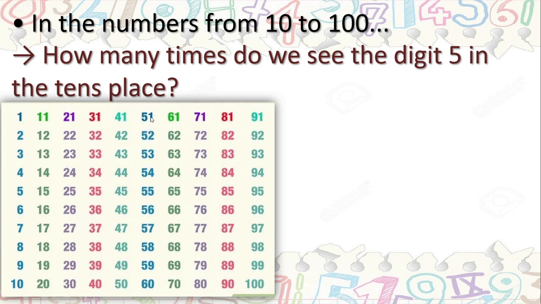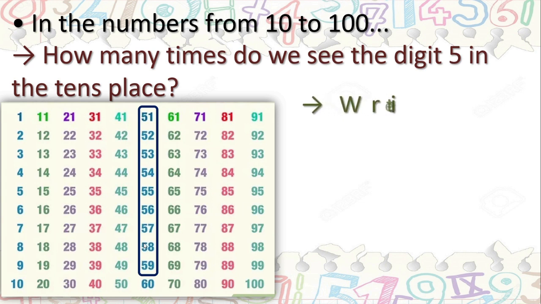Yes, here, very good. 51 to 59. Here you can see in the unit place 1 is there and in the tens place 5 is there, right? And our question also tells us the same thing. They need 5 in the tens place. Yes, all these numbers in the rectangle have 5 in the tens place, right?